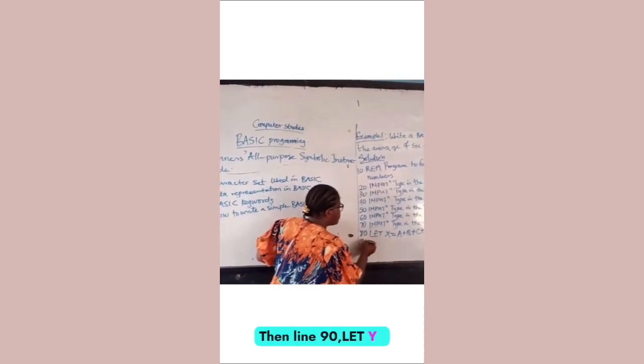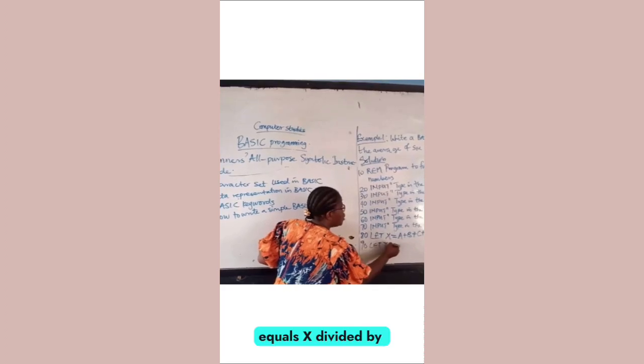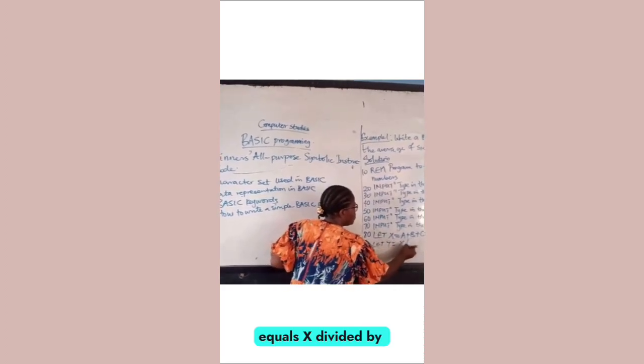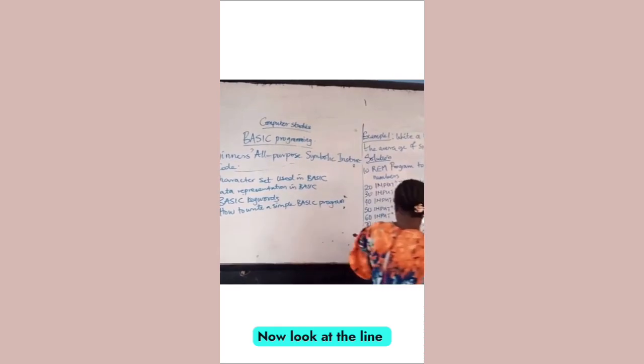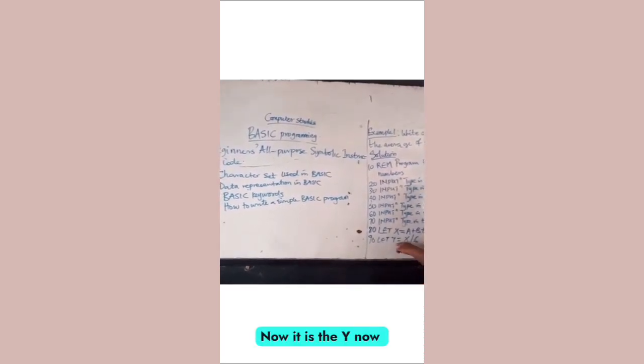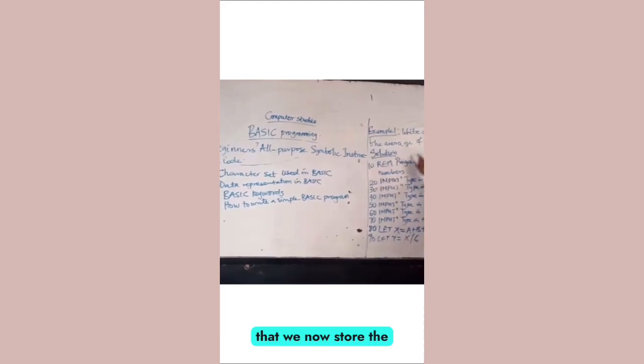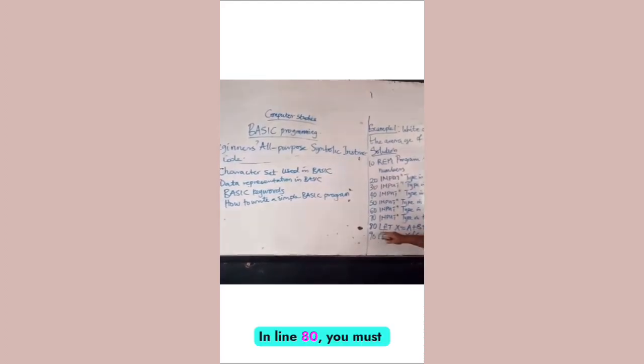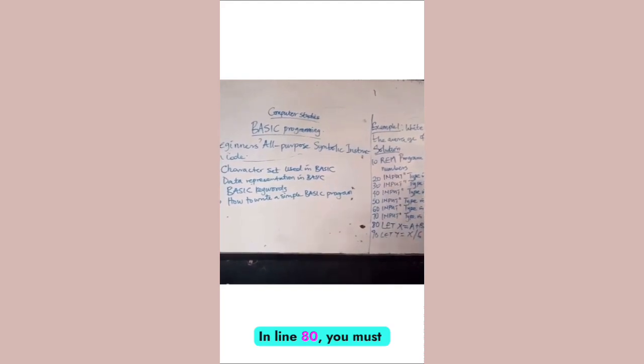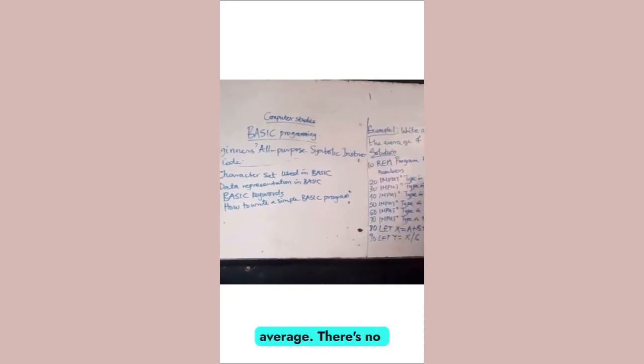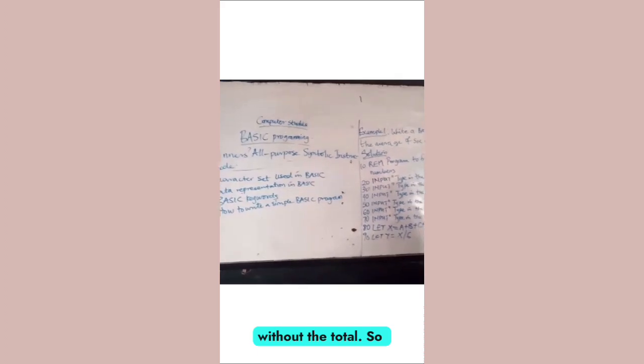Then line 90, LET Y equals X divided by 6. Now look at line 90 very well. It is Y that will store the average. In line 80, you must find the total before you get the average. There's no way you can get the average without the total.